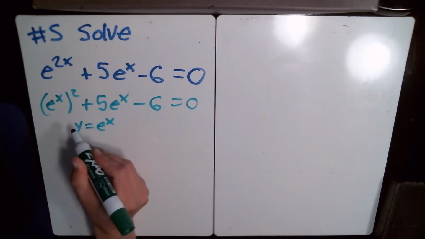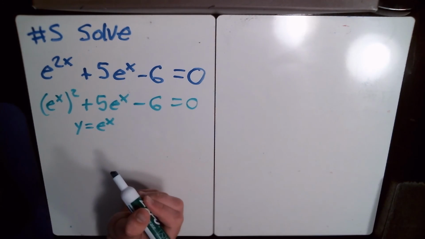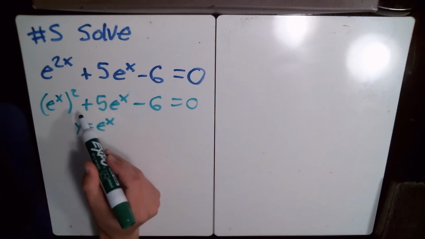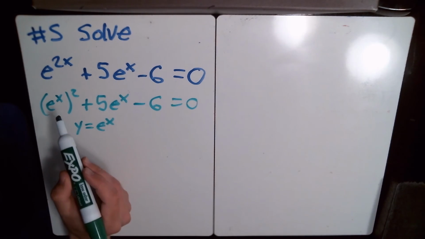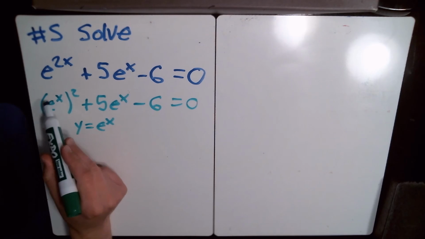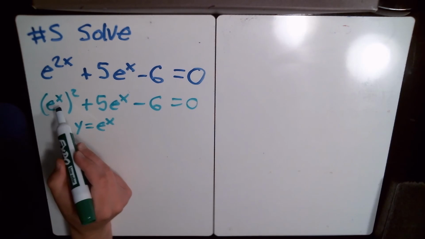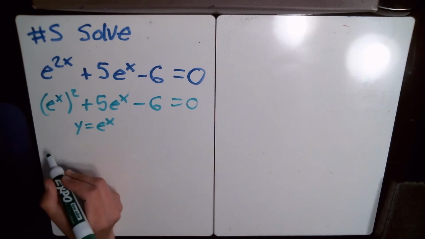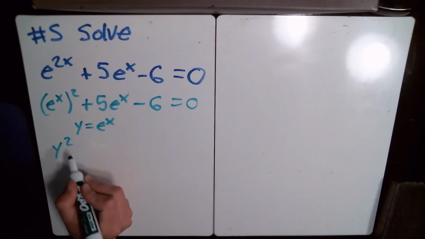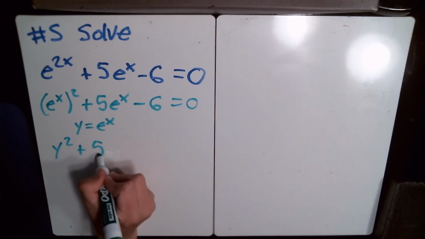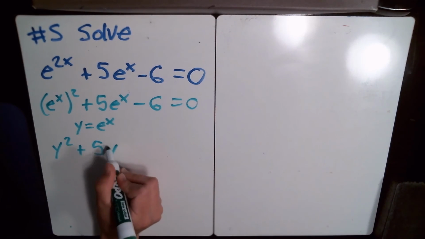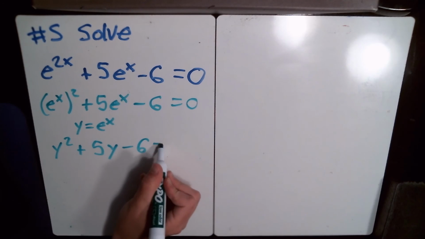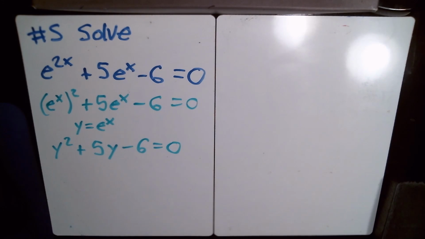I'll say y is e to the x and plug that into my equation. So e to the x in this part, that's the bottom of this, and so we just plug in y there. So we get y squared plus, there's just one e to the x there, so 5y minus 6 is 0.